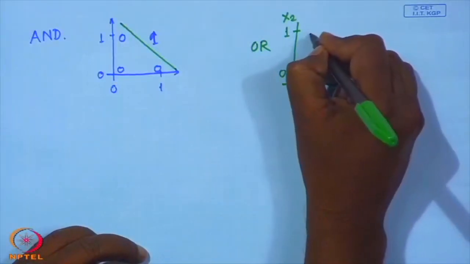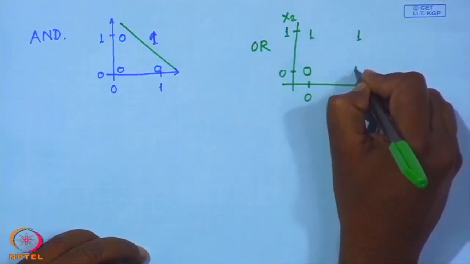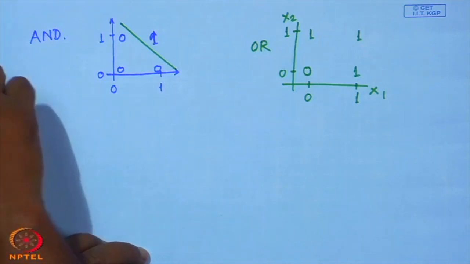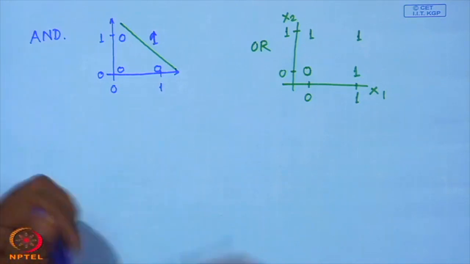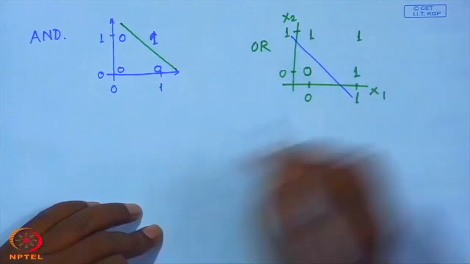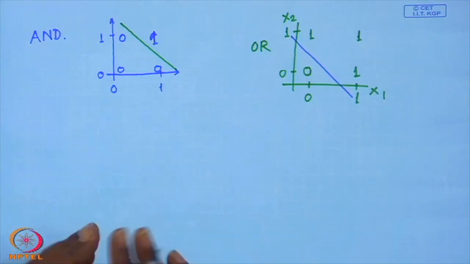In all other cases, the output is 1. So, I have this type of situation. And again here you find that I can separate the 1s and the 0 by a straight line. So, which clearly indicates that this is also a linearly separable problem.